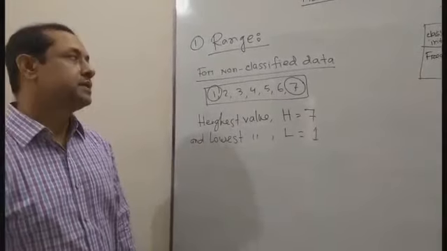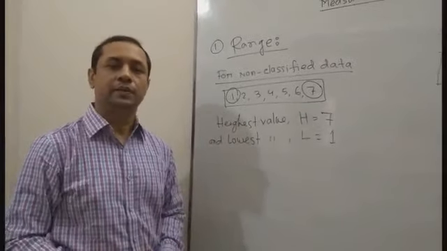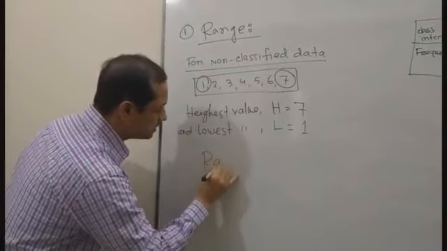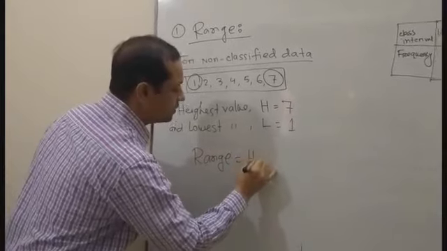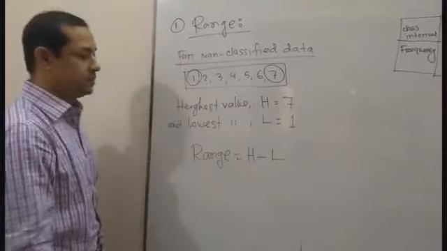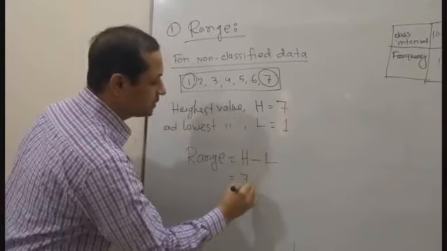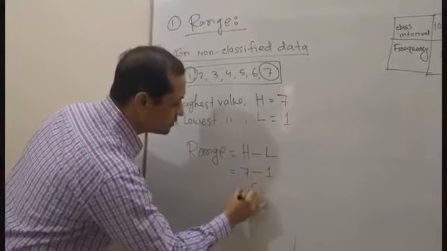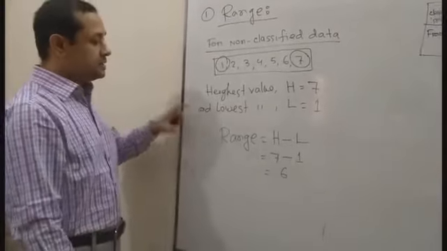So range is the difference between highest value and lowest value. So we can write range equals highest value minus lowest value. Now putting the values, highest value is 7 and lowest value is 1. So 7 minus 1 equals 6. This is the range.